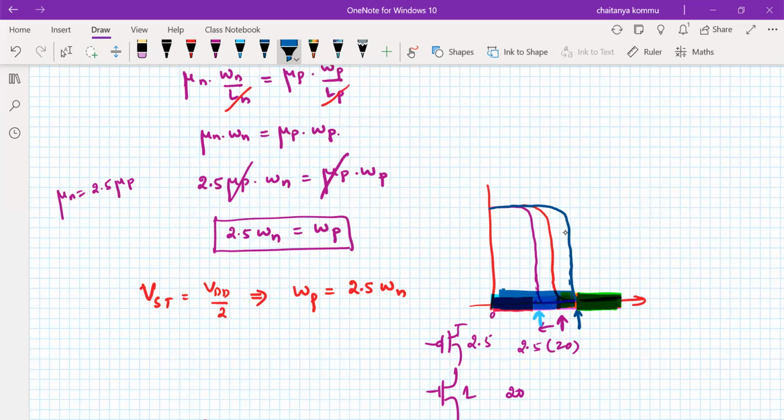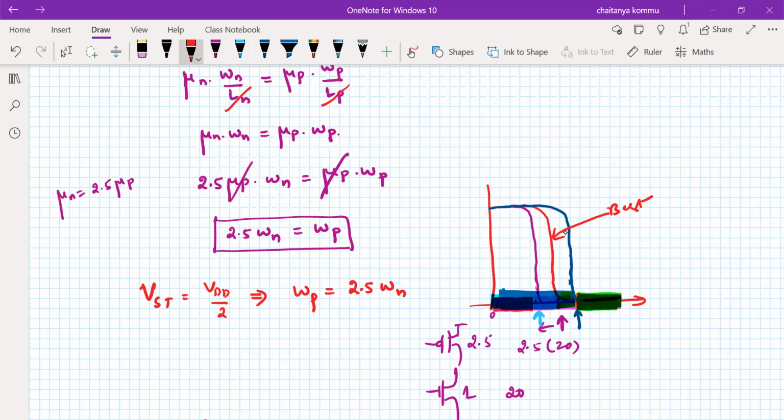So there is no symmetrical operation if Wn and Wp are greater than or less than each other, but symmetrical operation can be observed for the beta n equal to beta p ratio. So we have to maintain it like that only. This is the best solution for both NMOS and PMOS to operate reasonably in order to find the rise time and fall time characteristics.